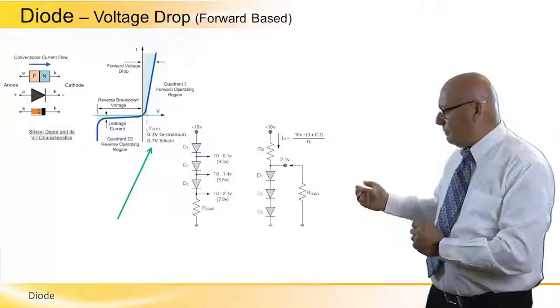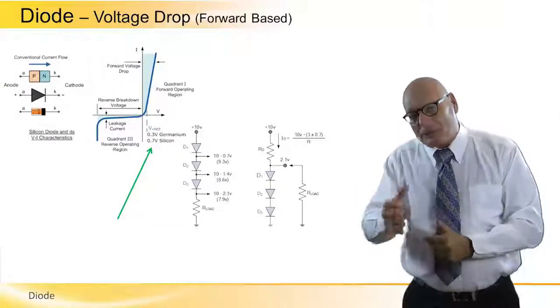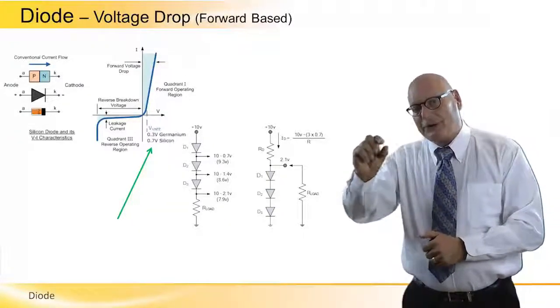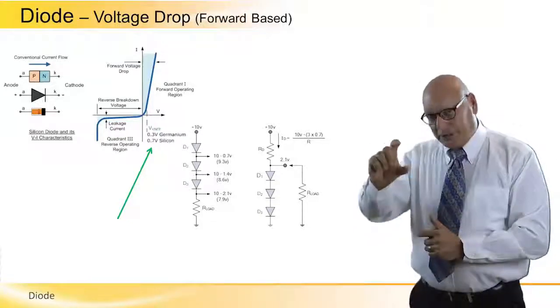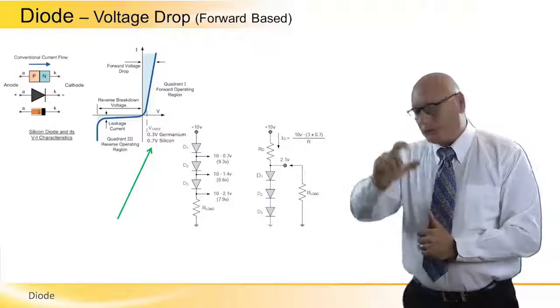That means that on the far right picture, if I put three diodes in the same direction in series, on each there is a 0.7 volt drop. So altogether 3 times 0.7 is a 2.1 volt drop across the three of them.